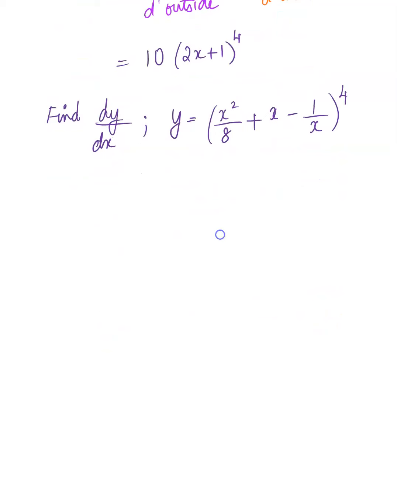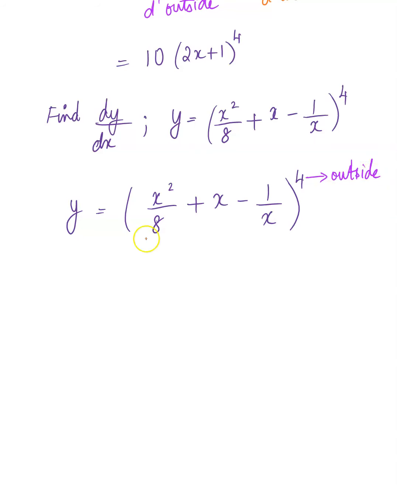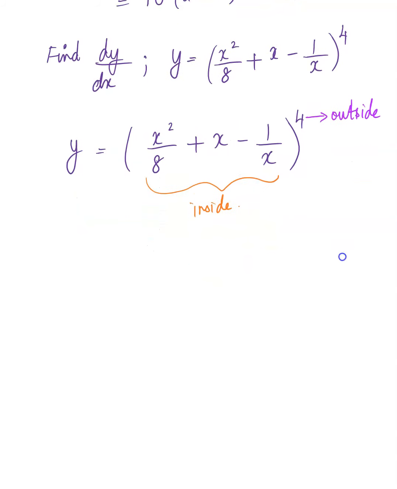Okay, what about this? Again, no problem, because the outside is the power in this case. I'll just write it here one more time so I can indicate the outside and the inside.